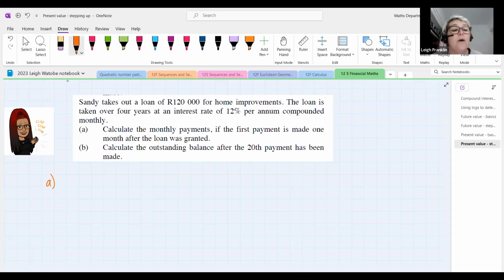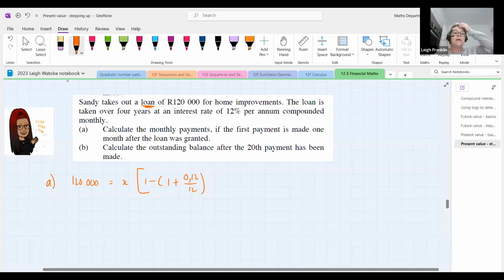All right, so in part A, her monthly repayment means we need to calculate the value of X. It's a loan. So straight away, we know we have to use the present value formula. So that's what I'm subbing into. 1 plus interest rate is 12% per annum, compounded monthly. And now we just need to work out how many payments Sandy would make.